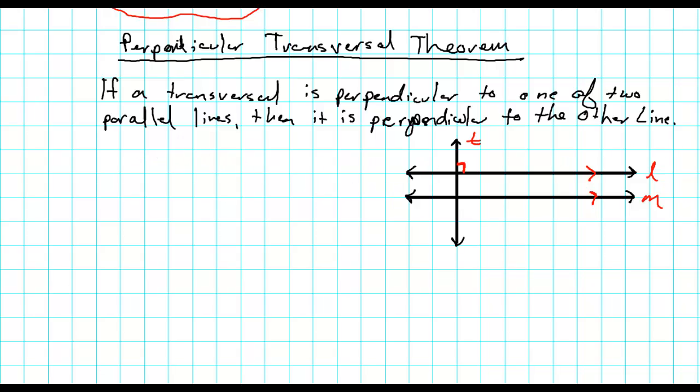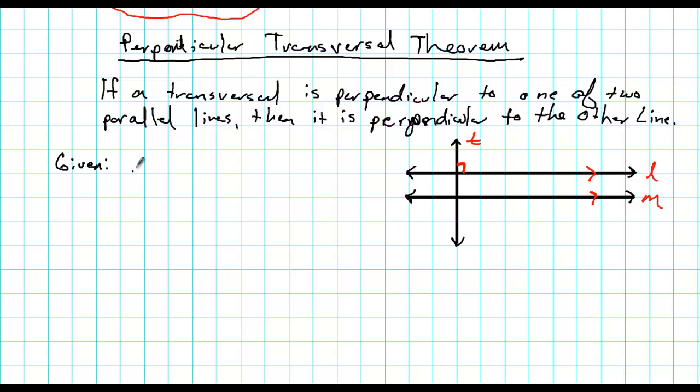If we wanted to do the proof, which you want to be able to do, right? We want to get better at this. We want to talk about what is our given information. Well, the hypothesis is the given information. So a transversal is perpendicular to one of 2 parallel lines.